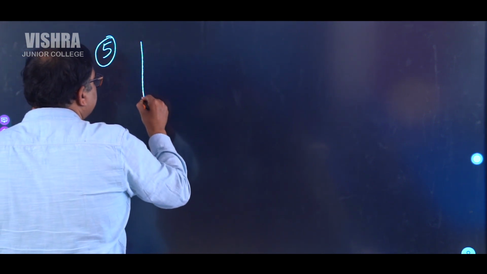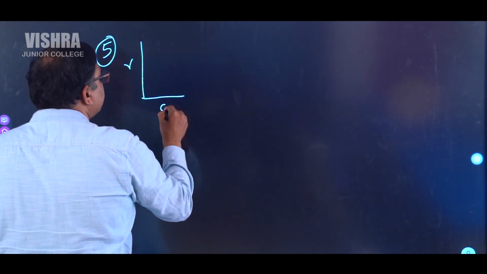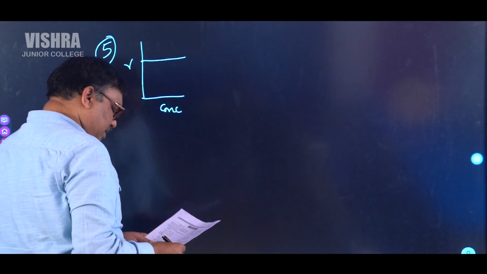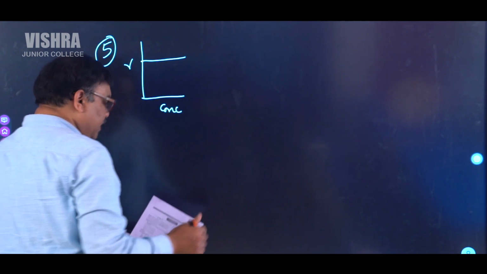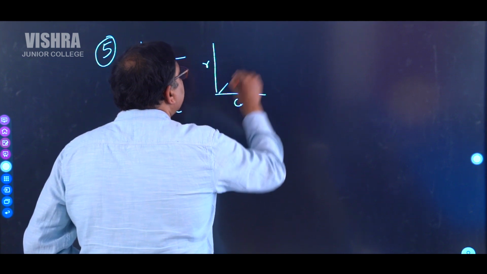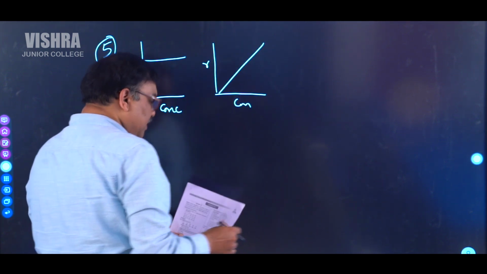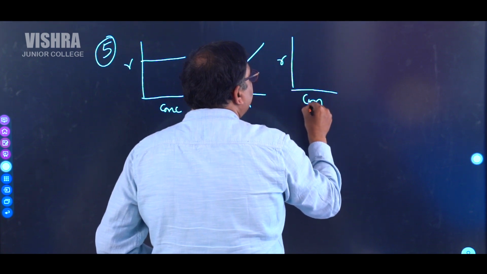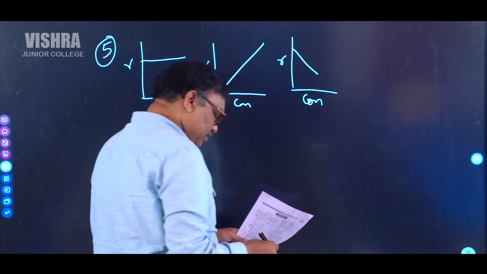See here, there is a graph between rate and concentration. It is not dependent on the concentration. Then there is another graph with rate and concentration, and the graph is coming down with a negative slope.